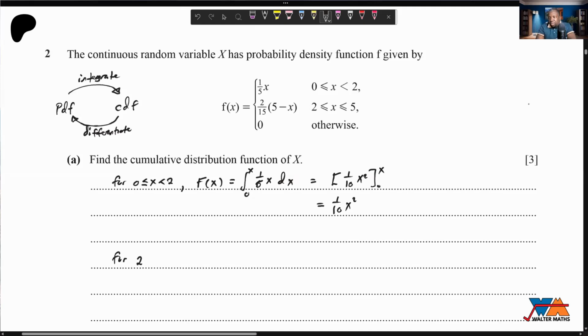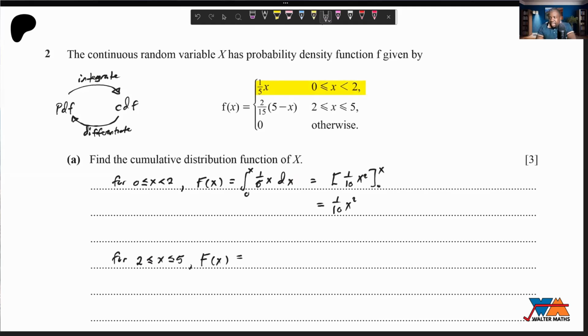For 2 to 5, F of x will be, remember this is the cumulative distribution function. It has to incorporate everything in the range 0 up to 2.